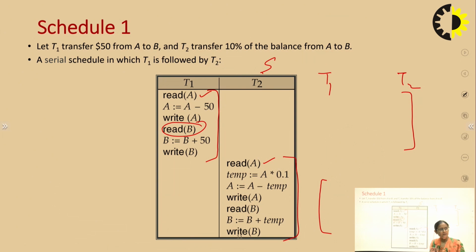Now what is the next property? This transaction reads the value which is updated by this one.